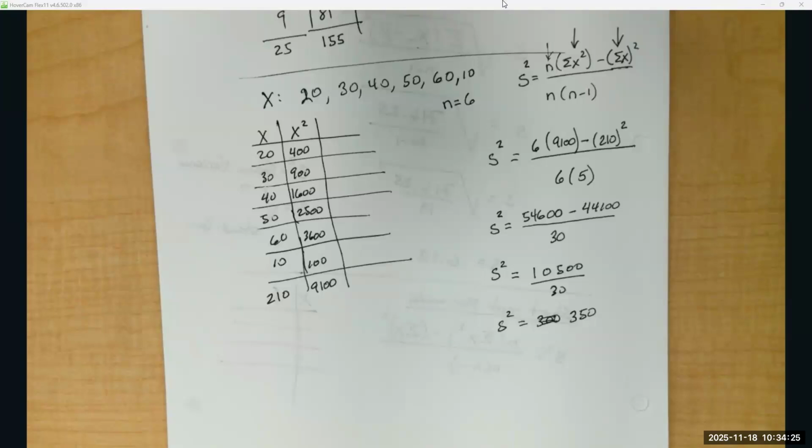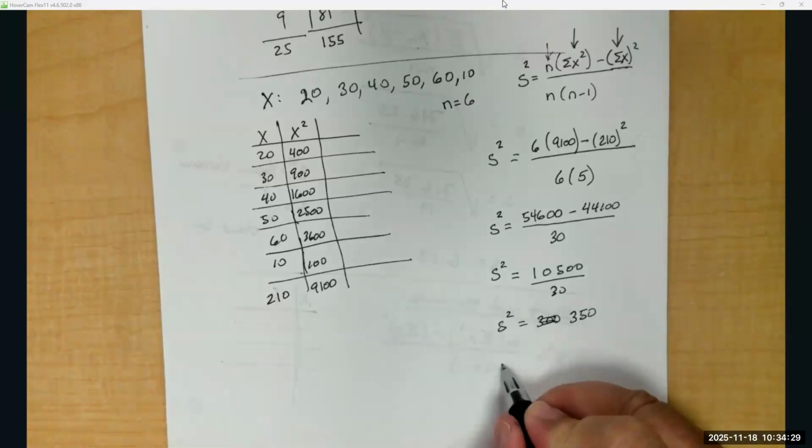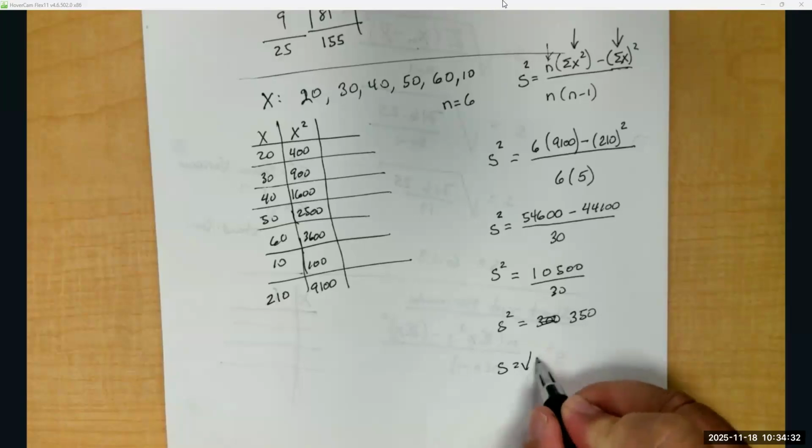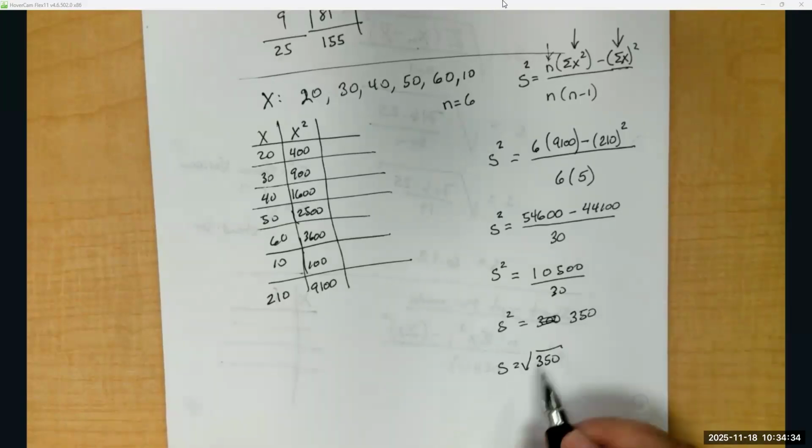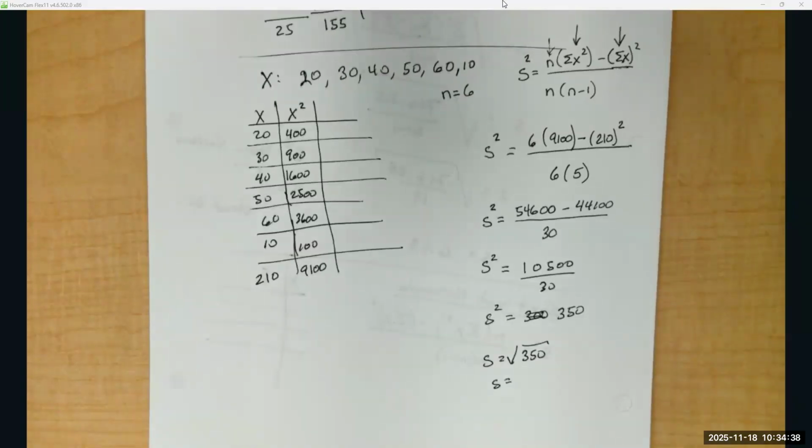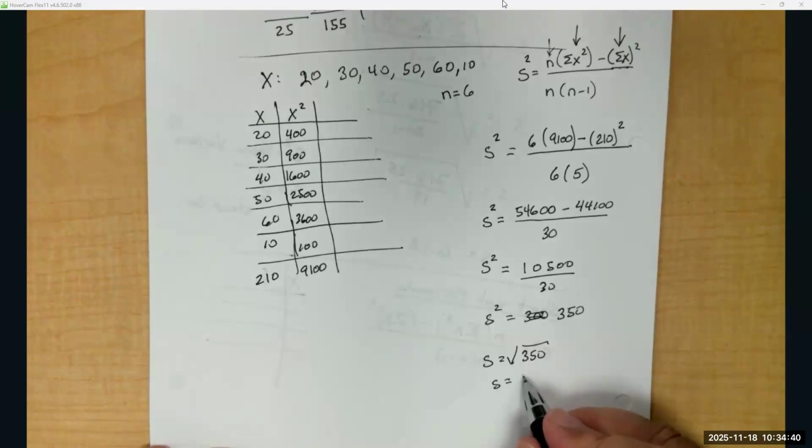How do we find that? Square root it. So the deviation is the square root of 350, which is just short of... what's that?